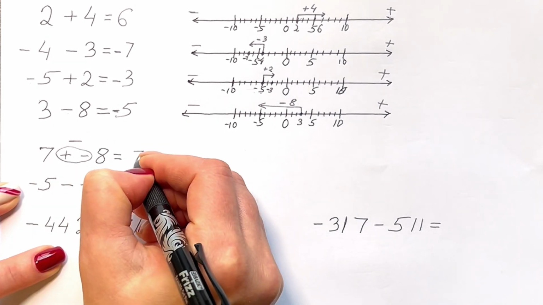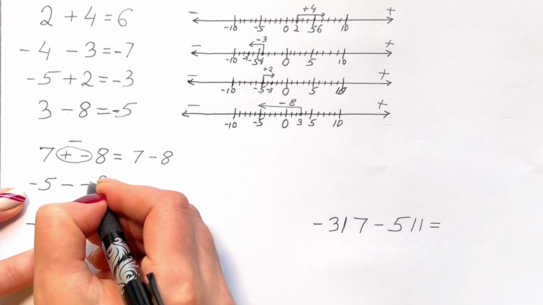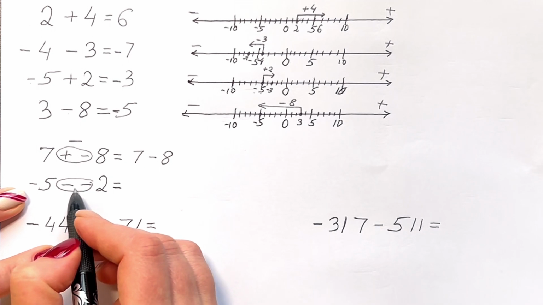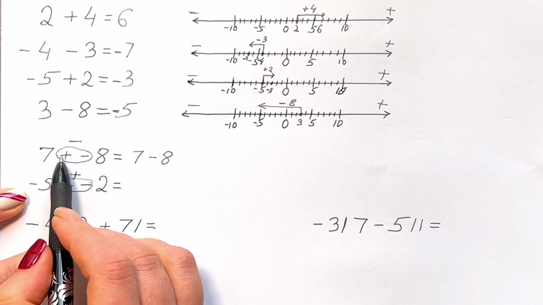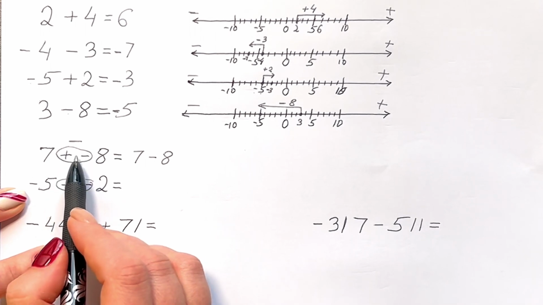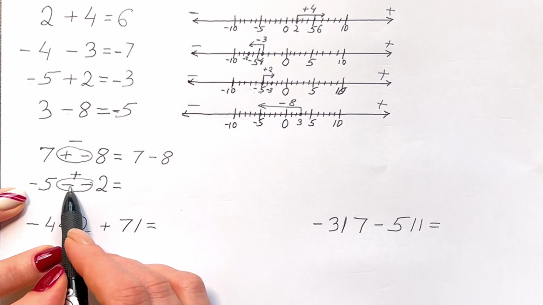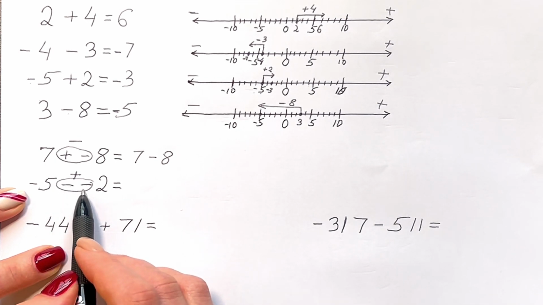So 7 minus 8. In this situation, I have two minuses, which I can cancel out and make it positive. If the signs are different, I'm getting negative. If the signs are the same, I'm getting positive. You remember in a multiplication.